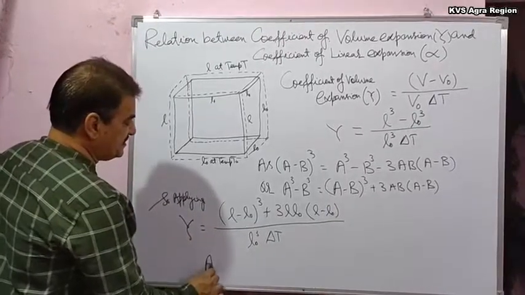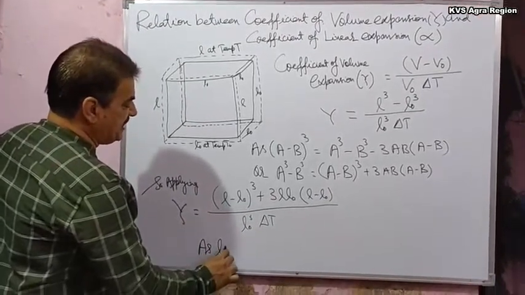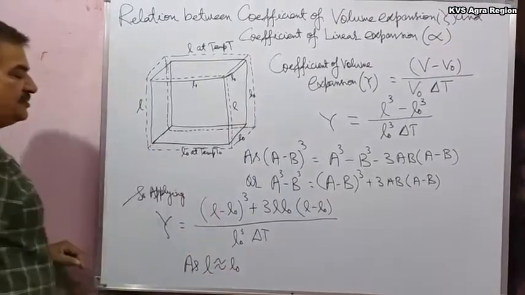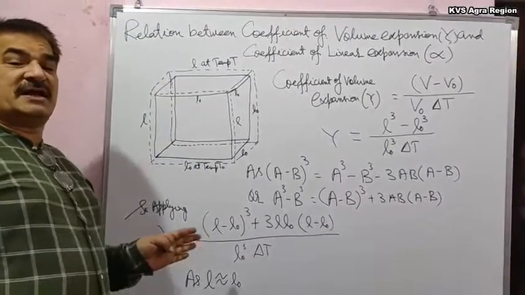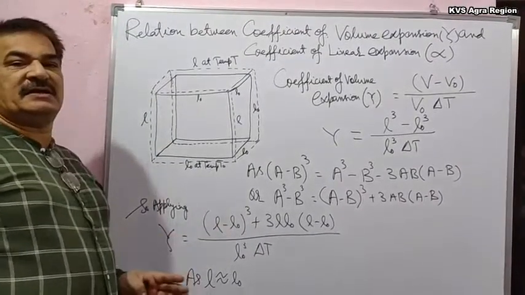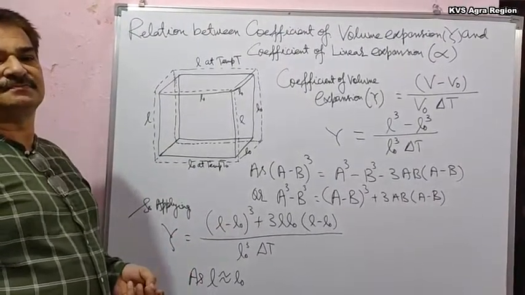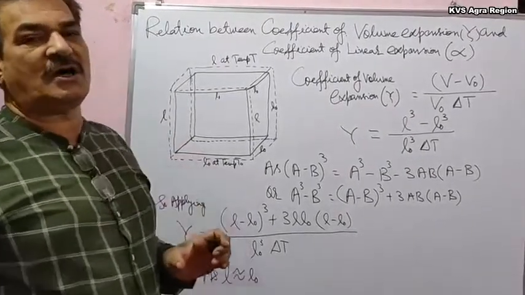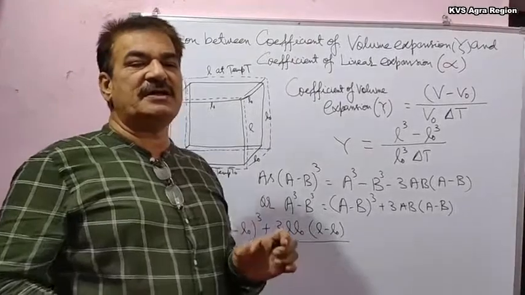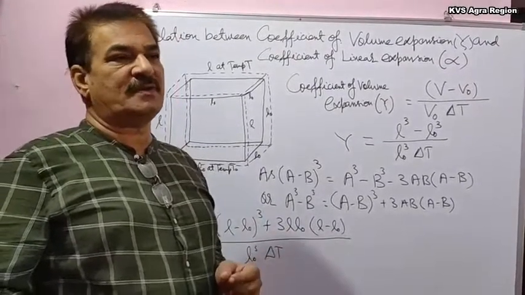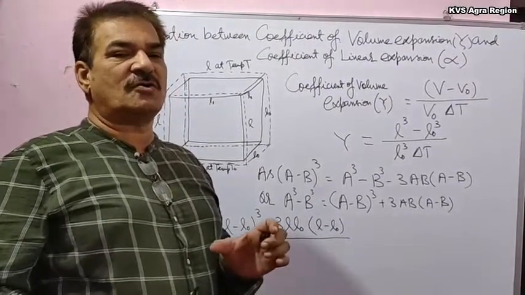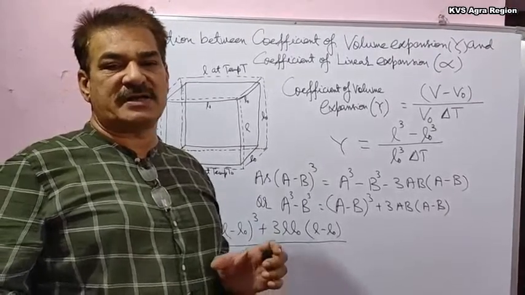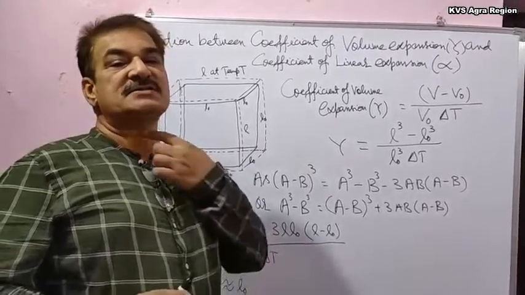Now as L is nearly equivalent to L naught, there is no considerable increase in the length. If we look at the coefficient of linear expansion alpha, for copper alpha is 6 into 10 raised to power minus 6 per degree Celsius.